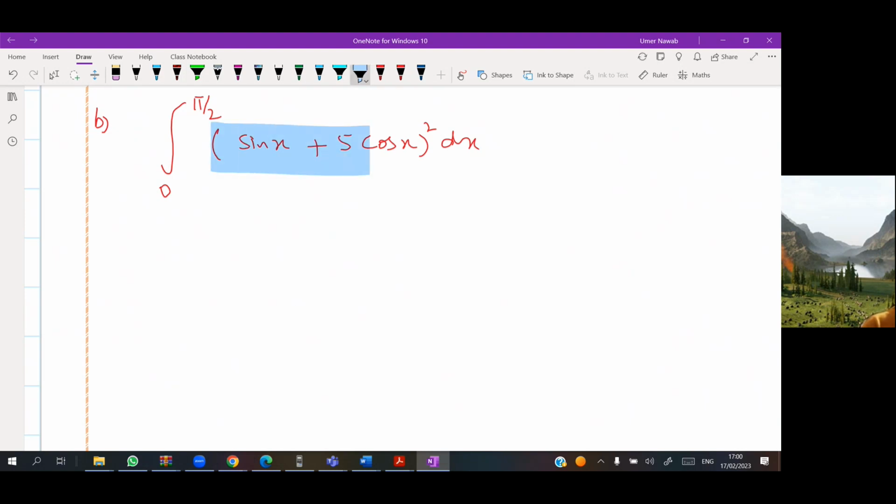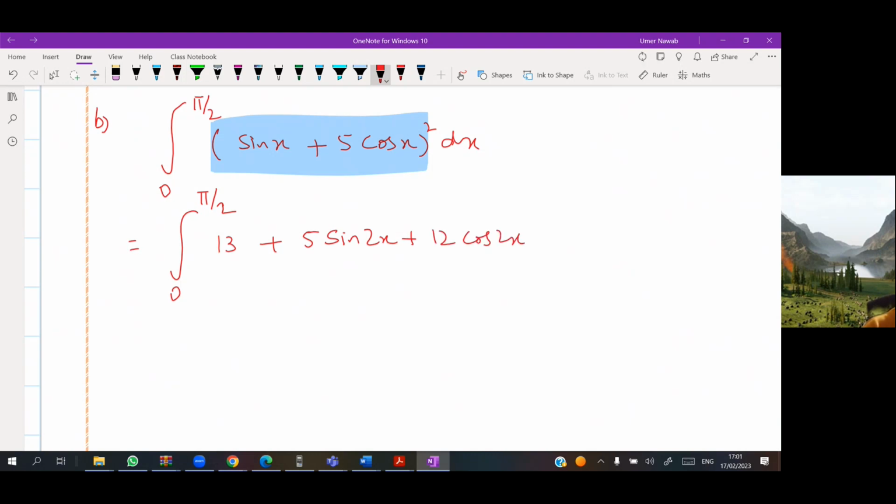Just a moment ago, we did this. It came equal to 13 plus 5 sine 2x plus 12 cosine of 2x. Now we do the integration.